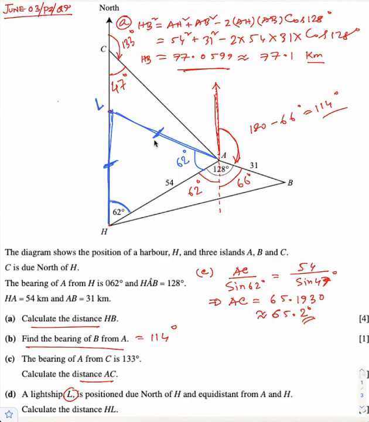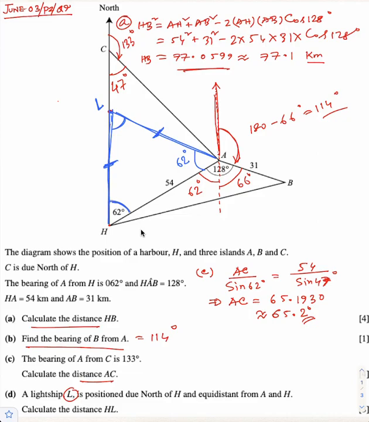We have to find out this distance. All right, so now this angle we know, this angle we know, so this angle we can find out. Calculate the distance HL, sorry, HL, this one we have to find out.